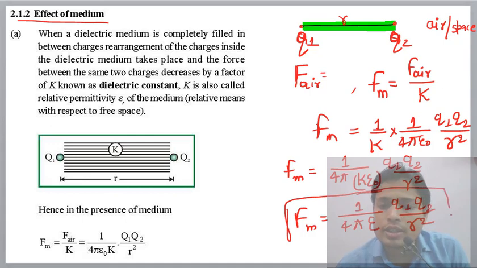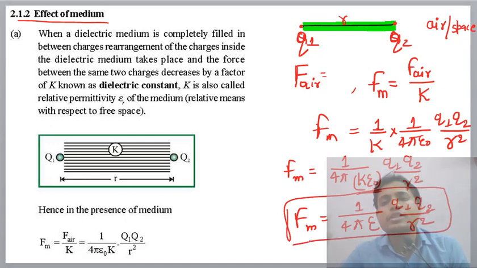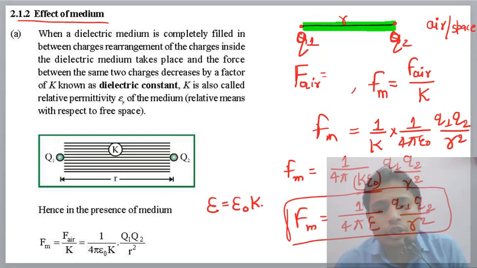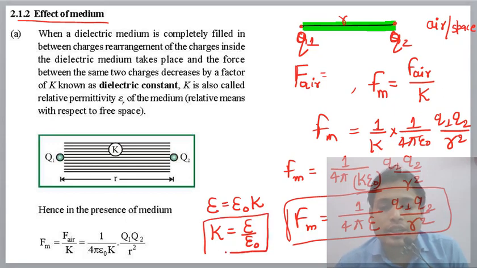So this is the force when some material medium is kept between the q1 and q2. Here epsilon equal to epsilon naught into k, right, and k is equal to epsilon upon epsilon naught. This K is also called the dielectric constant.